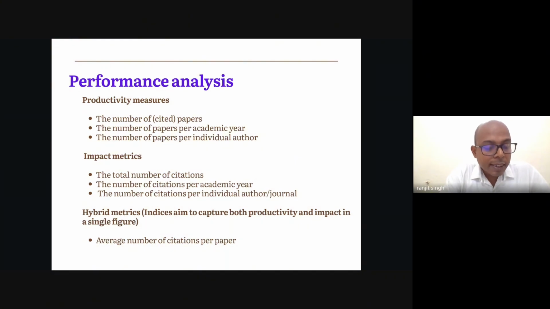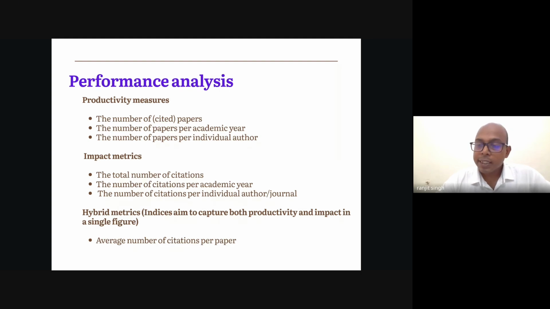Generally, in the performance analysis, we show the number, not the citation, because citation will be measured through the impact metrics. In the impact metrics, we consider the citation as the impact or influence, because when any author or researcher publishes an article, we will know the influence of that article through the citations it has received from other authors.